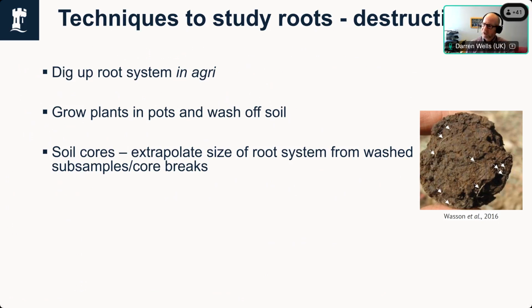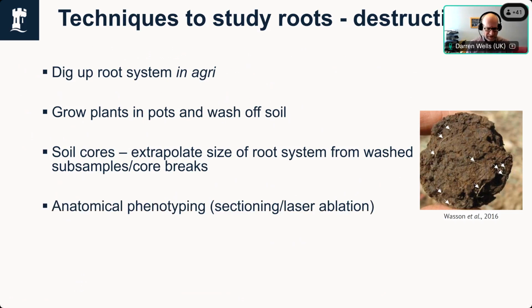You break the core at certain places and then simply quantify the number of roots visible at that break. They had a nice system with a UV camera where you could image quite a lot of cores at a time, so increased throughput by adding a semi-automated step. But the problem with this is you are only extrapolating from that core to what's happening to the root system for each individual plant or group of plants.